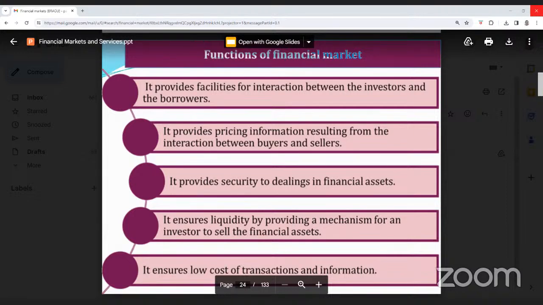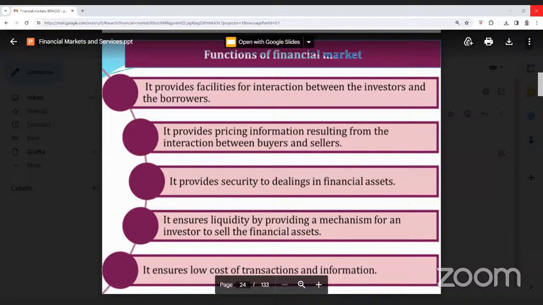Explain something. The investor provides, and the borrower is borrowing from the investors. So how easily can you get borrowings from people?